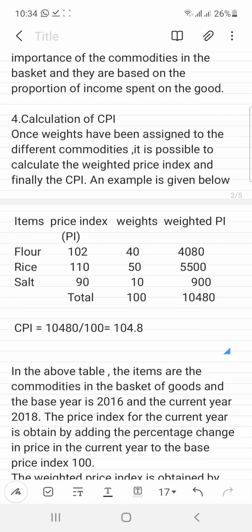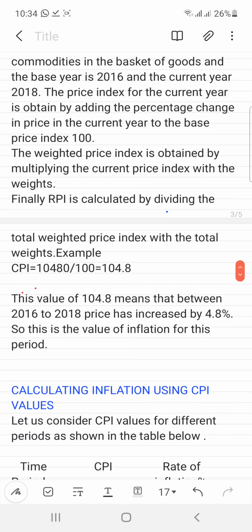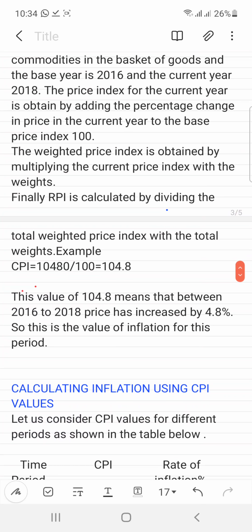Now, what is inflation? To calculate inflation, we are going to take the value of our CPI. The value of our CPI is 104.8. Now, 104.8 minus 100, which is our price index in the beginning.